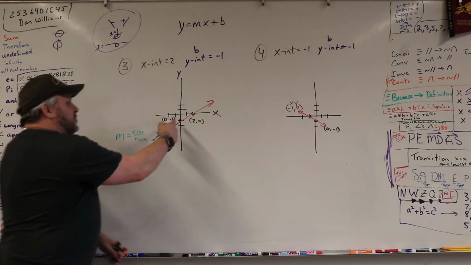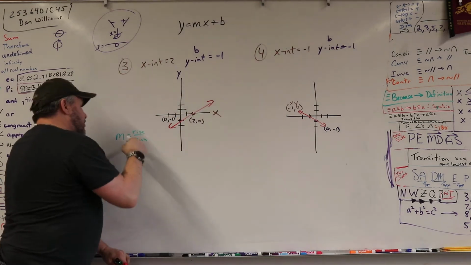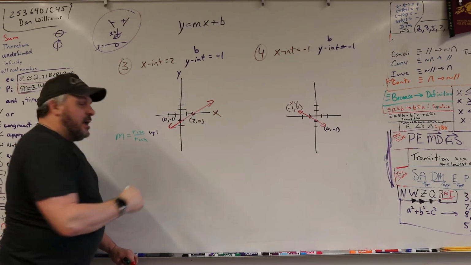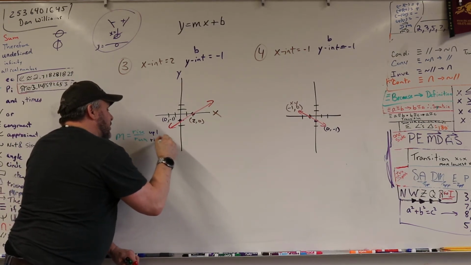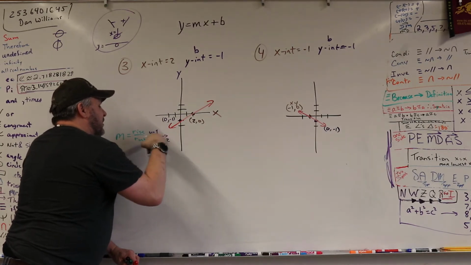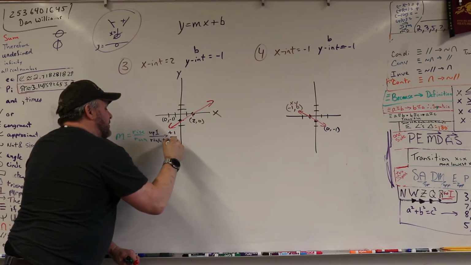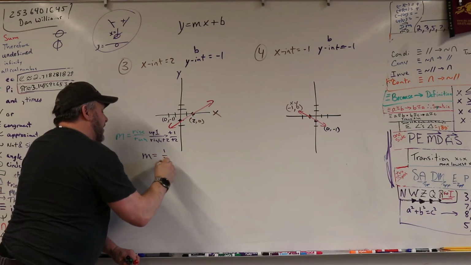So, when I look at this rise, I'm going up how much? 1. And then I'm going right 2. So I'm going up 1 and right 2. And so what that means is that up is positive and right is positive, so that m is now equal to 1/2.